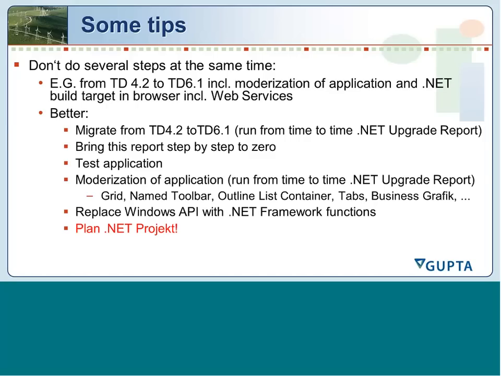And they want to have, in the same way, the .NET build target, and including browser and web service, in one fly. And at this point, well, this is not a good idea, because you have to do several steps in one time.